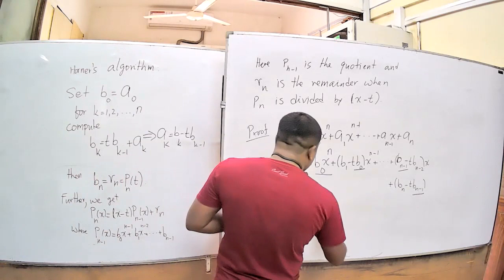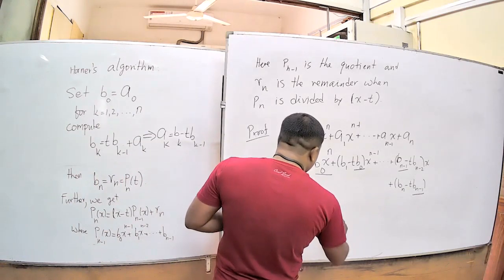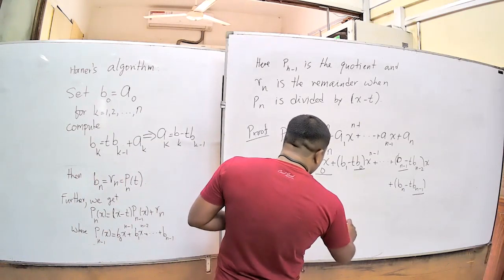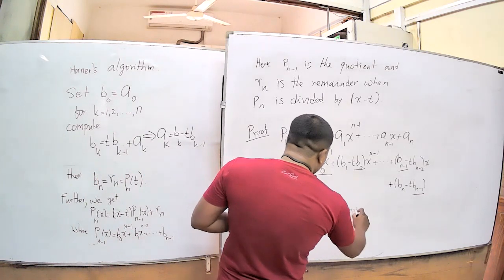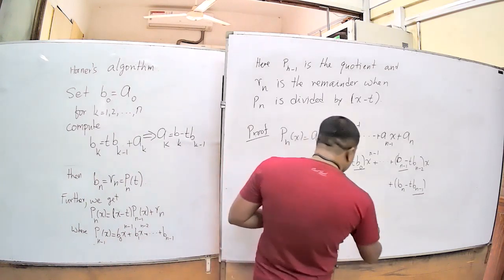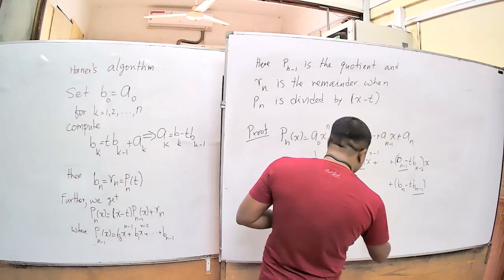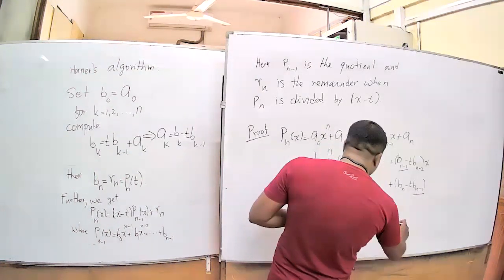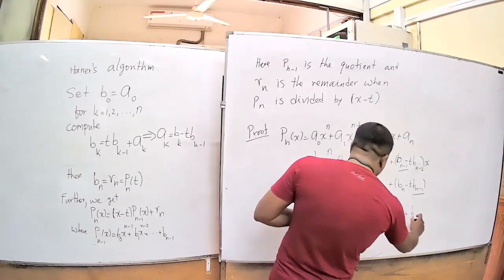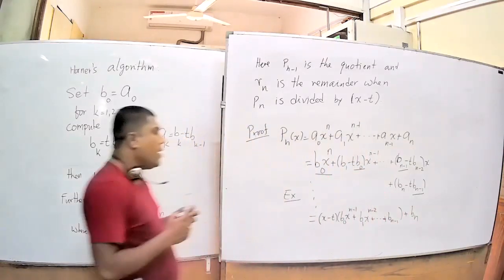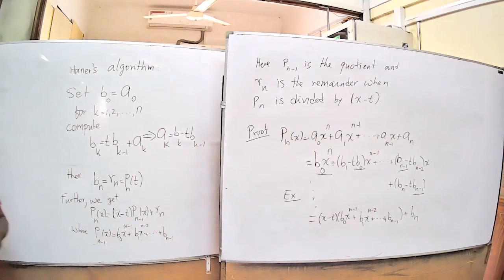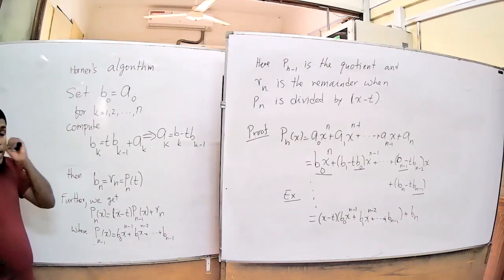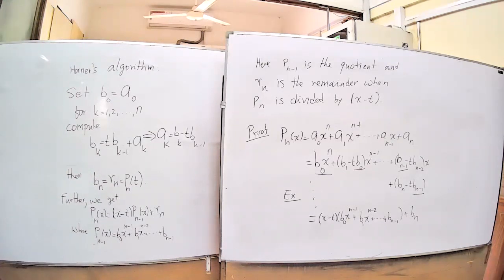From this you will get x minus t times b naught x to the power n minus 1 plus b1 x to the power n minus 2 plus all the way up to bn minus 1, plus bn. This is just simple mechanical work which you can do, and when you simplify, you get this.